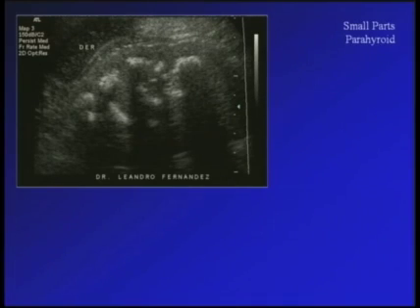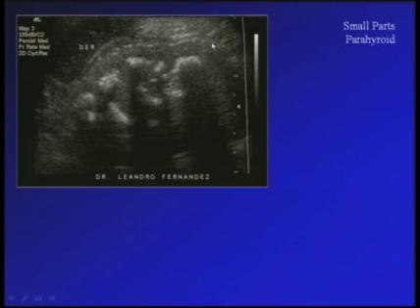This patient was referred to our lab for a renal sonogram. We found these lesions here. This is a nephrocalcinosis. It was a bilateral nephrocalcinosis.